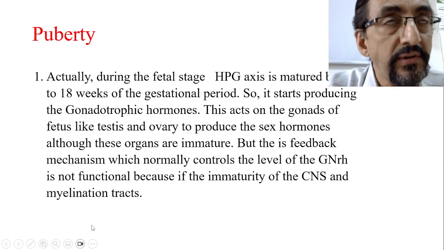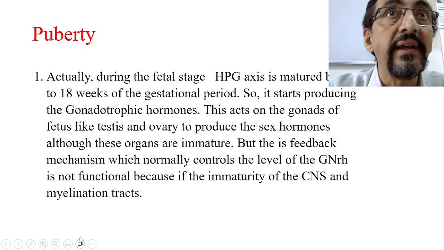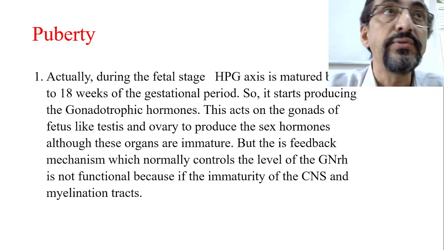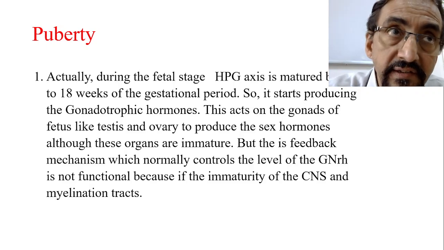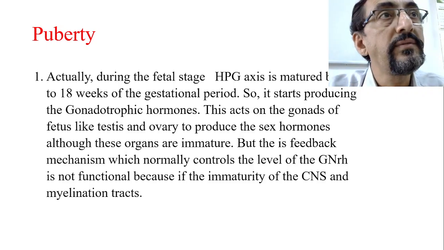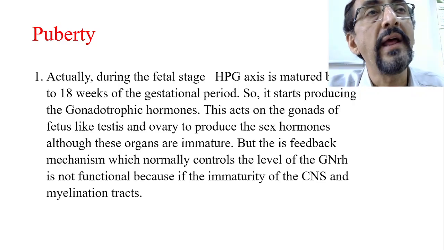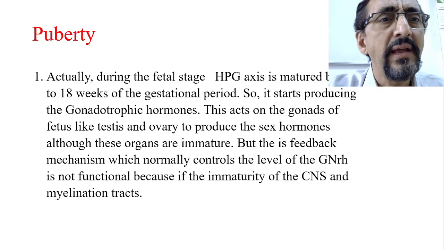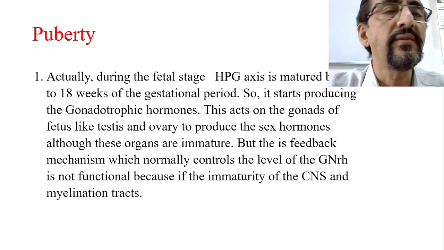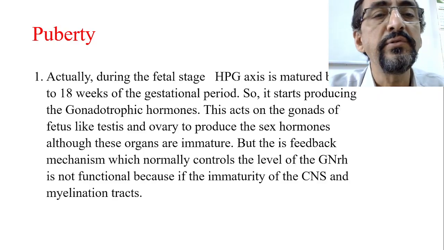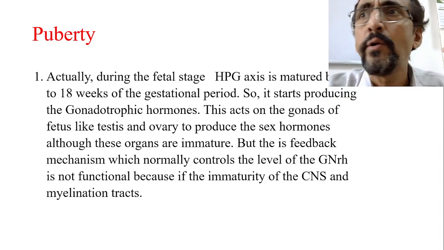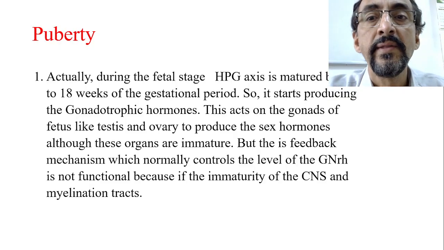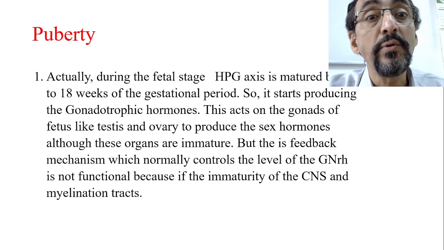To look into the details, what actually happens during the fetal stage? During the fetal stage, the HPG axis is matured. Even in the fetal stage itself, this hypothalamic pituitary gonadotrophic axis is activated or matured, usually after 16 to 18 weeks of gestational period, which is around 4 to 5 months. This axis is activated and it also starts producing the gonadotrophic hormone.